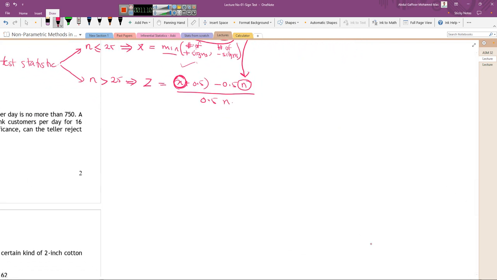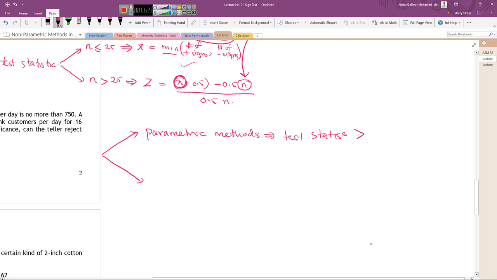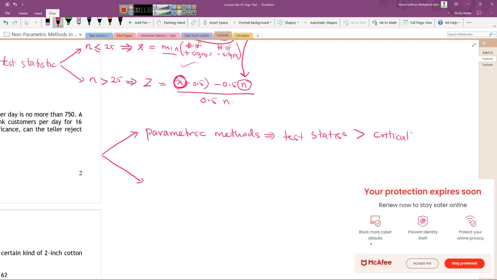Let me write it like this. In our parametric methods, if our test statistic is greater than the critical value obtained from the table, we will reject H naught.